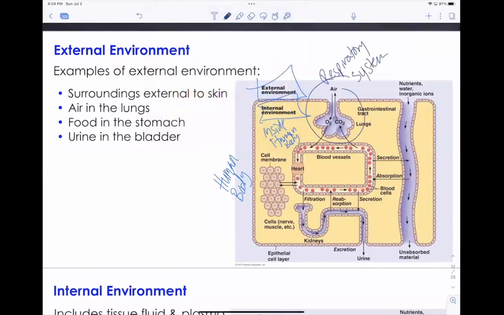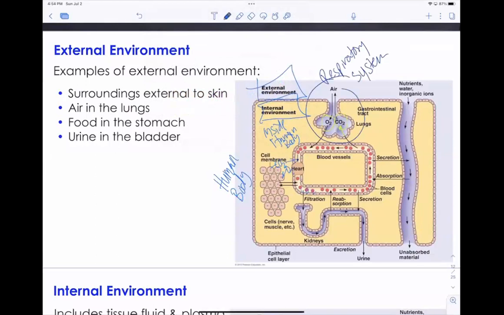So you're bringing oxygen in from the air and we're getting rid of carbon dioxide. Carbon dioxide is actually produced by the cells during cellular respiration or this transfer of energy. So the cells are producing carbon dioxide and using oxygen, and then the cells are putting that carbon dioxide into the blood.